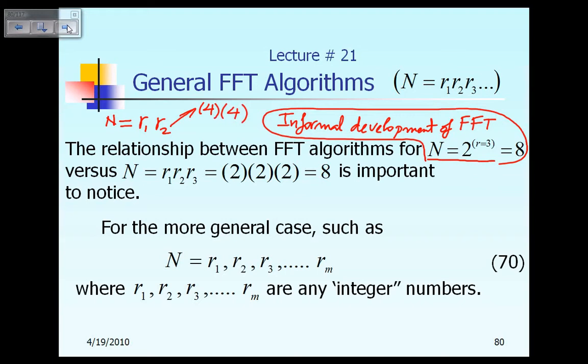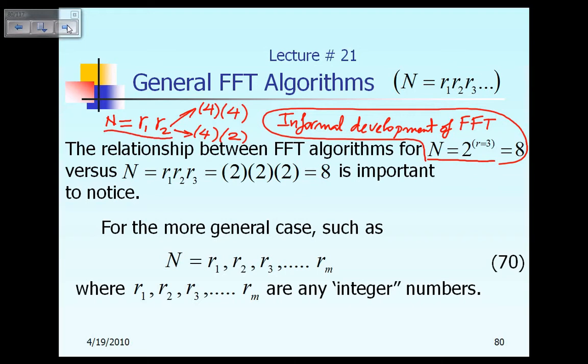And then in lecture number 20, we considered the situation where r1 equals 4 and r2 is equal to 2. But in both cases, you can see capital N is equal to the product of two integers, r1 times r2.